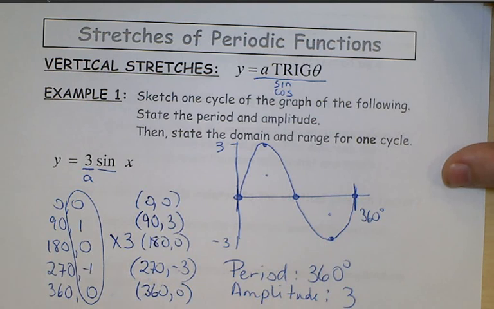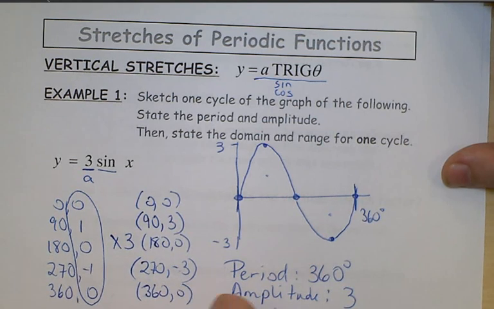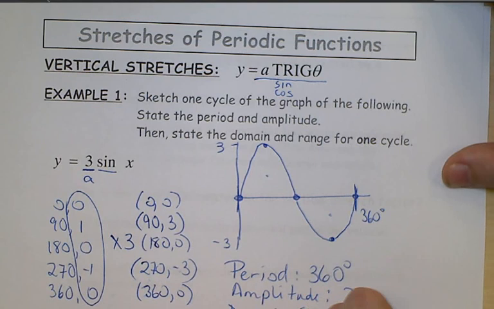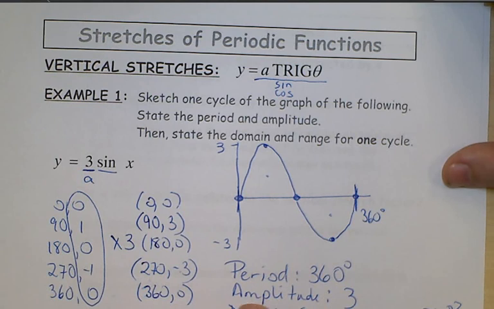And if we're going to state the domain and range for one cycle, that would mean our domain is between 0 degrees and 360, and our range is between negative 3 and 3.